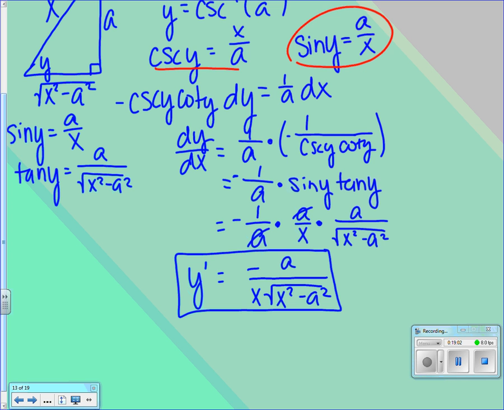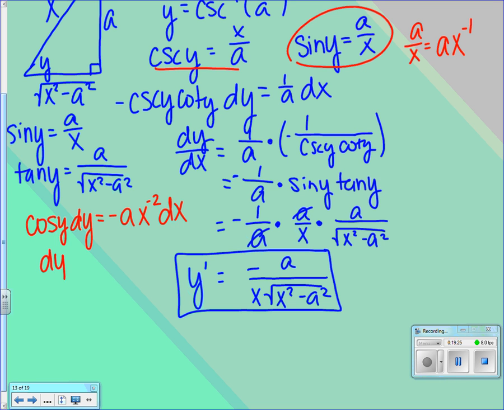So I'm going to write the derivative of sine as cosine, and then with respect to y. Now, a over x is the same thing as a x to the negative 1. And so when you take the derivative of that, you get negative a x to the negative 2, and then we took it with respect to x.